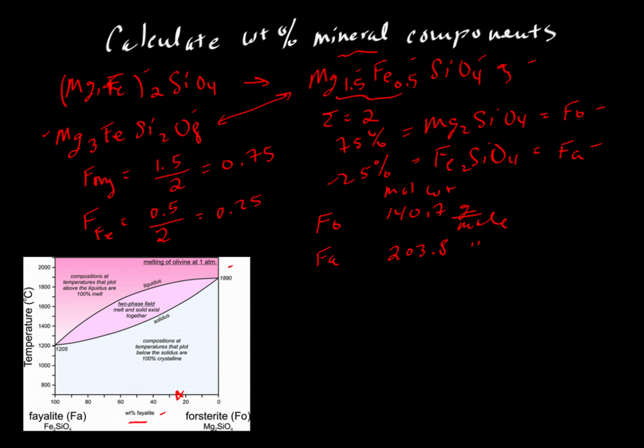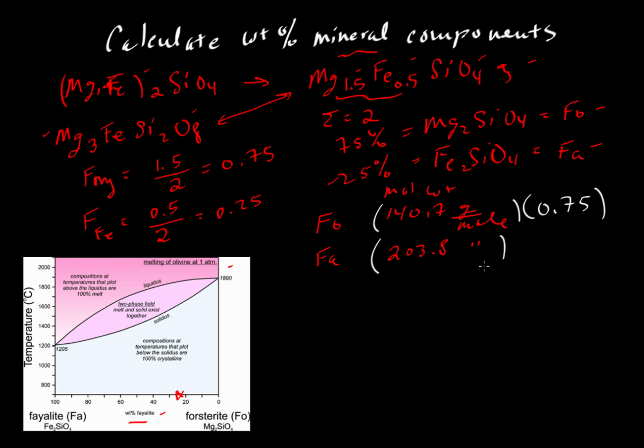So if we want to get the weight percent of fayalite, we can get the weight of both of these by taking the molecular proportions and multiplying them by these weights. We will take this one here and multiply it by 0.75. We have 75% atomically forsterite, so we'll multiply that by the weight. And we'll do the same thing here.